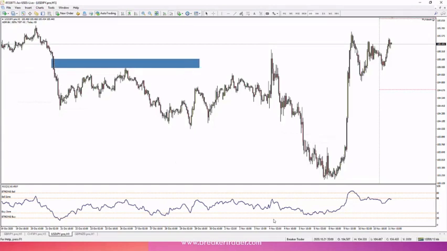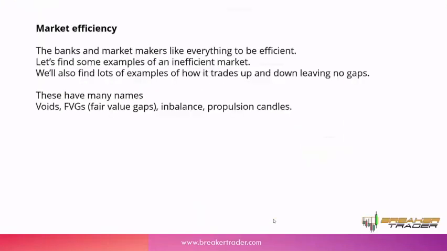Bullish engulfing, move back up, it touched the imbalance, didn't quite fill it in, moved away, came back up, completely filled the imbalance, and popped back the other direction. So that's imbalances or propulsion candles. That's to do with the efficiency of the market, the fact that the market likes to trade in both directions, have buys and sells to fill as many orders as it can.